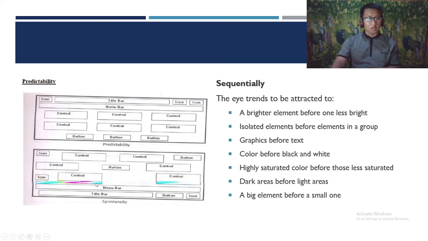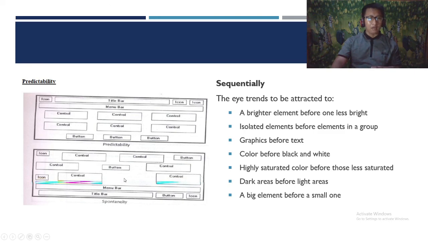The control is here, the title box and the menu box are here, the control is here again, a button is here, an icon is here, another icon is here, which is very irritating to the user looking at your screen looking like this.